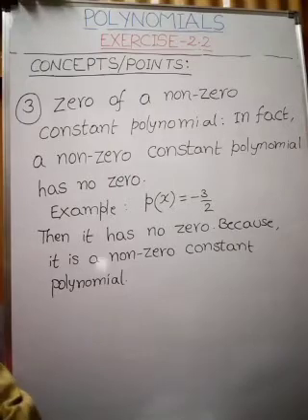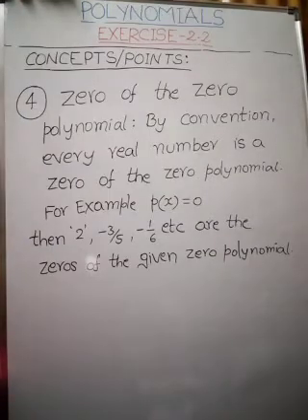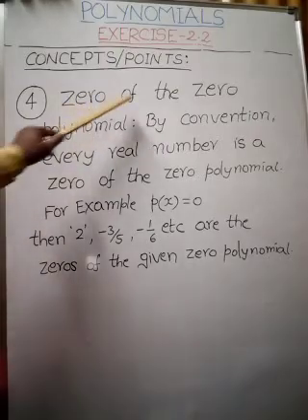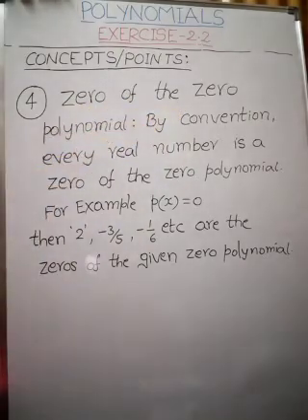Understood? Right. In the last point, that is in the third point, we have discussed zero of a non-zero constant polynomial. Then a question arises. Then what about zero of the zero polynomial?